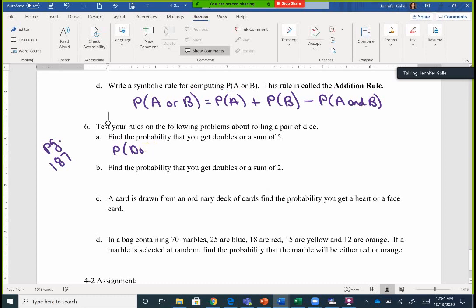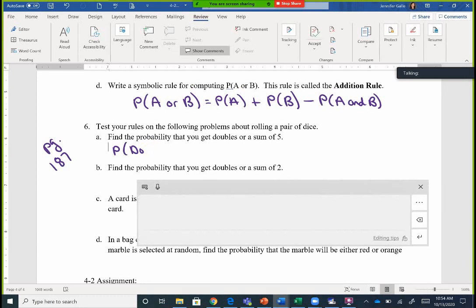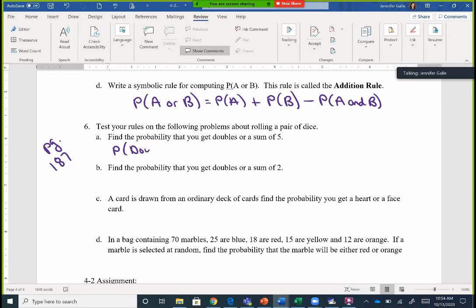Again, I'm just going to put the answers up here, and if you're working with somebody else, maybe one of you has to open to page 187. Let me put the simplified here.